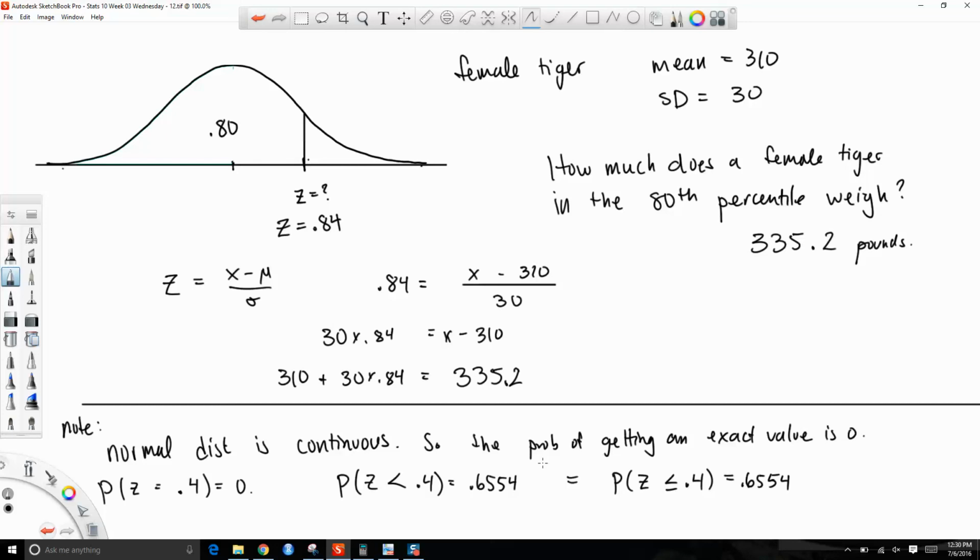That's 80%, right? That's what our picture says. We got 335.2 because that's the 80th percentile, so the probability that a female tiger weighs less than 335.2 pounds is 80%. Are we okay with this?